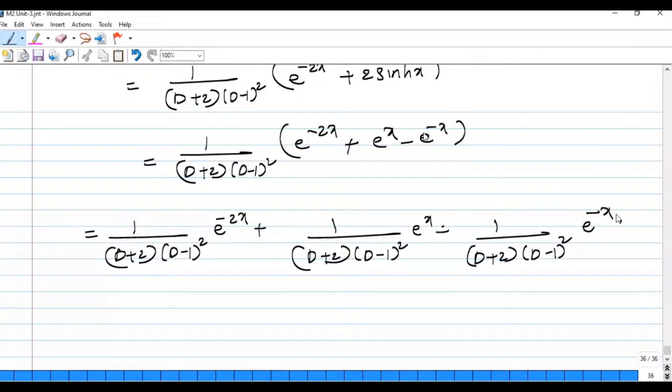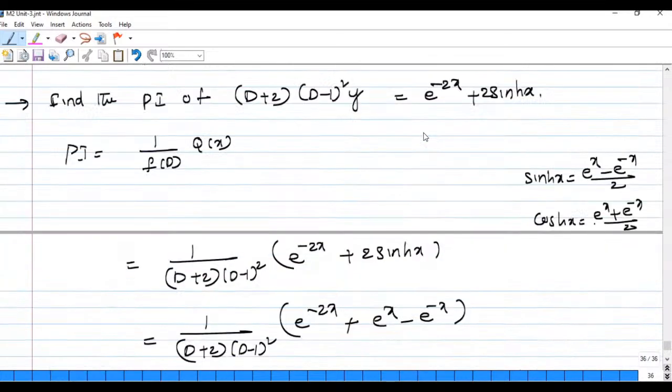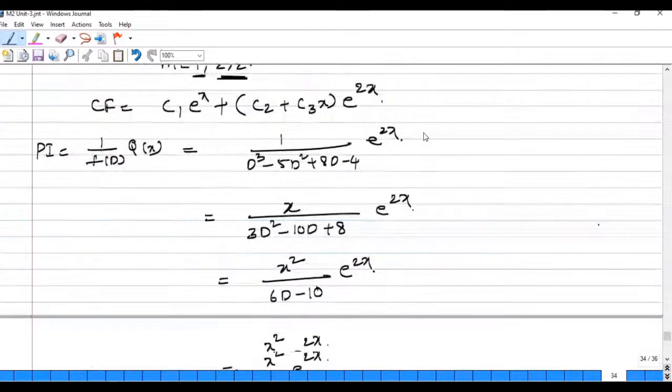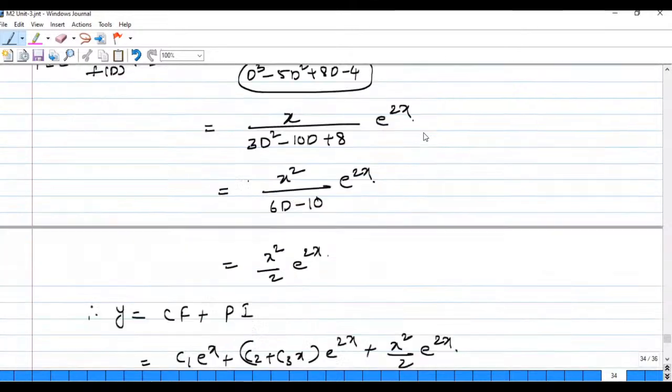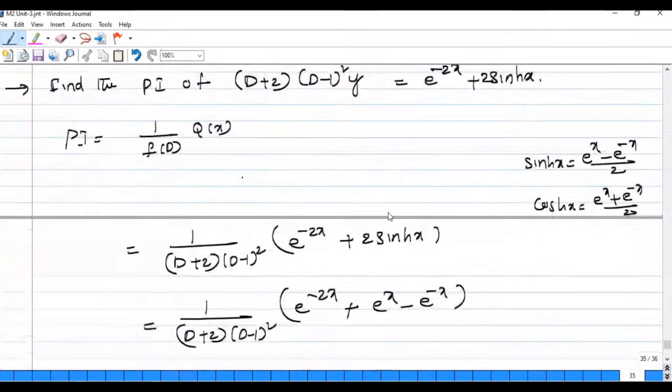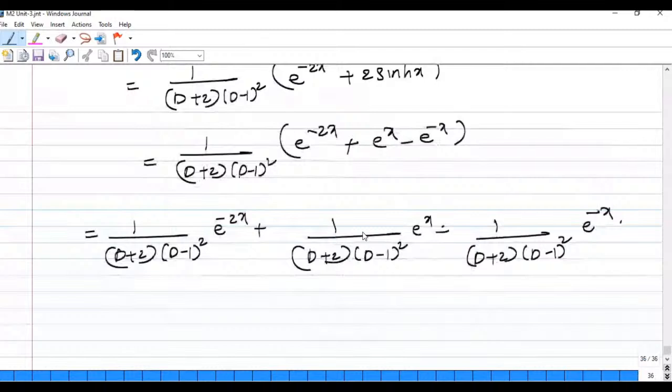See, you can do this in two ways. One way is you can multiply all the terms and write the denominator like this, or else you can directly put d equal to a here, no problem. In the first term, what is a? Minus 2. Put d equal to minus 2.